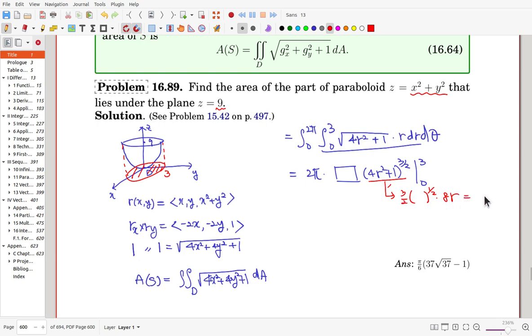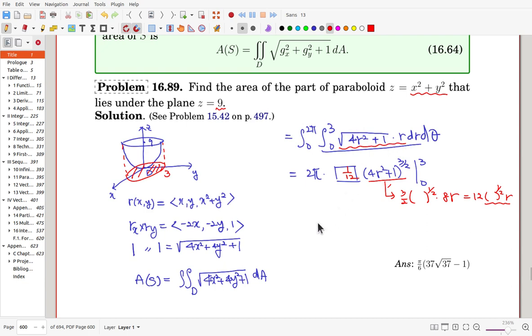Then that one must be 12 times the half power and r. Compare this portion and that portion: they are the same, so we have an extra 12. To eliminate this, we need here 1 over 12, right? Okay, this whole expression is an antiderivative of this one.